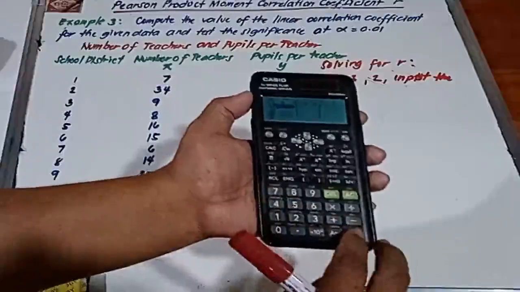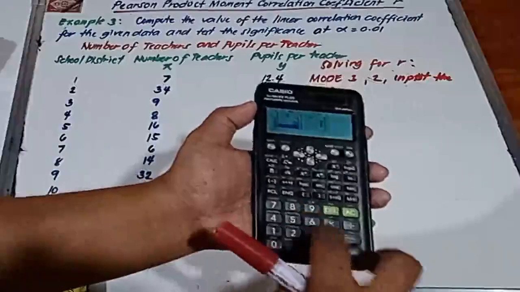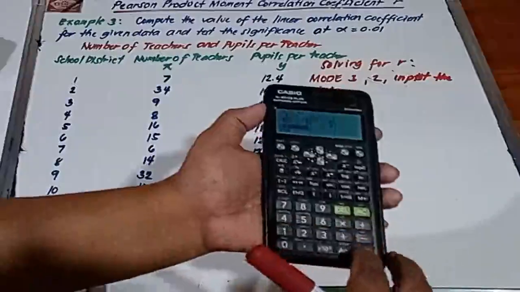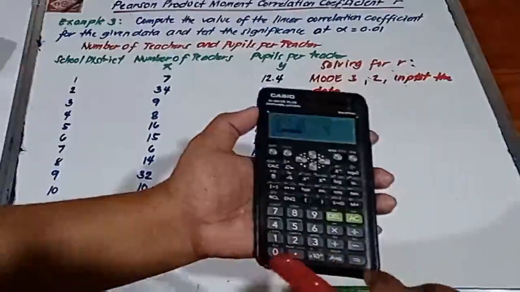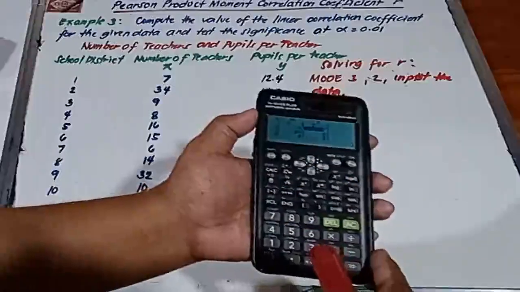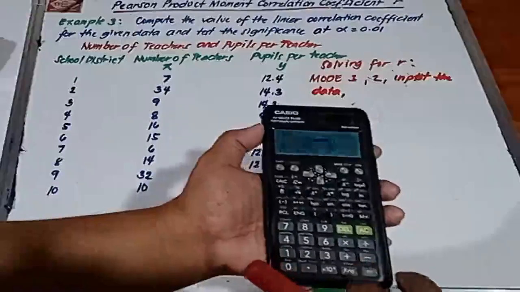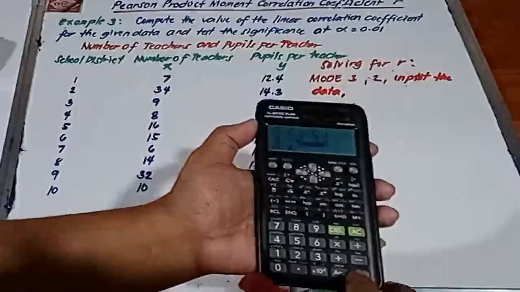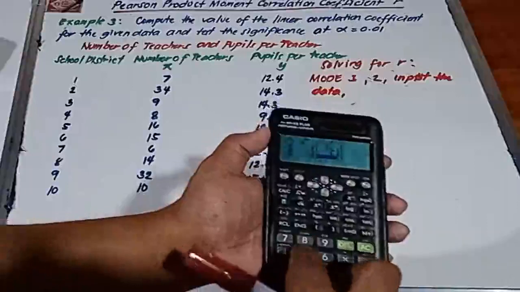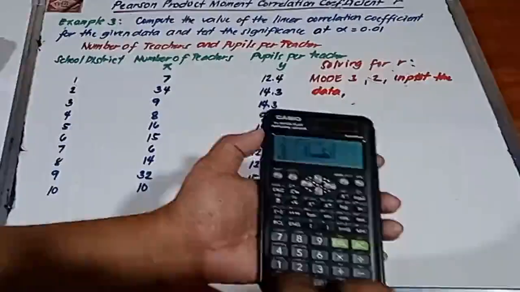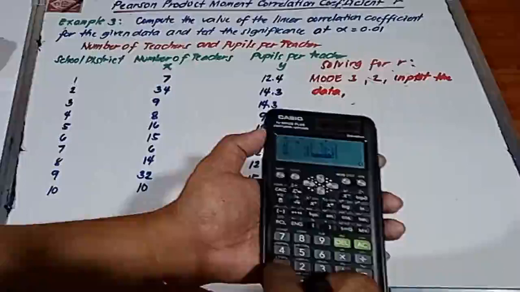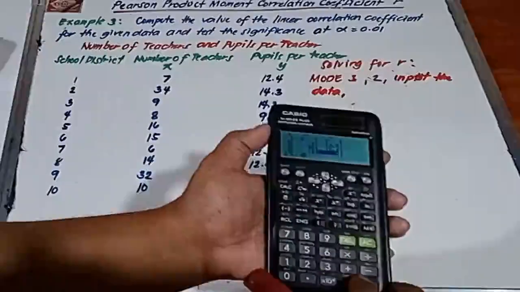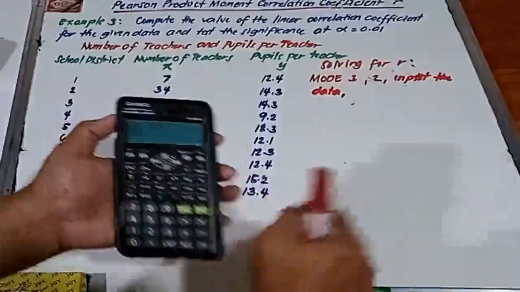We have 7, 34, 9, 8, 16, 15, 6, 14, 32, then 10. Okay? Then, para doon naman sa y variable natin, 12.4, 14.3, then another 4.4, 14.3, 9.2, 18.3, 12.1, 12.3, 12.4, 15.2, then 13.4. Okay. So, na-input ng data, press natin AC.